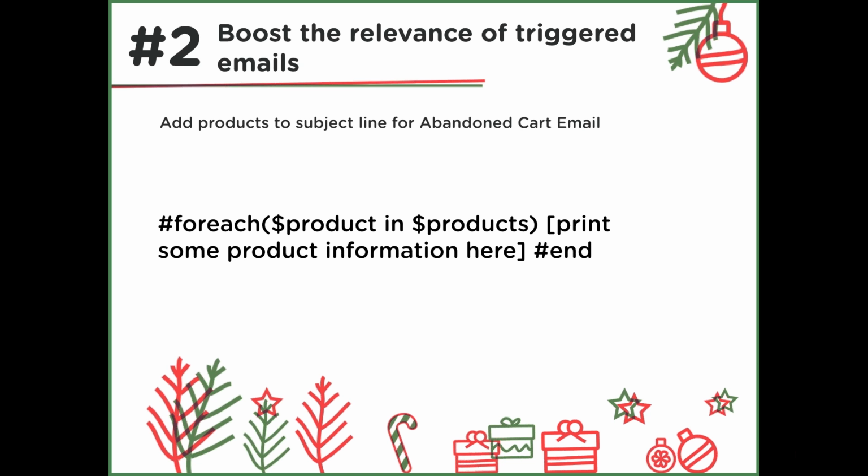Example given, you looked at an iPhone 6, you didn't conclude the purchase, and now you get an email saying, hey, you left your iPhone 6 in the cart. Why don't you come back and check it out again? Something like this. Again, this makes it more relevant, and more relevant email tends to obviously convert better.